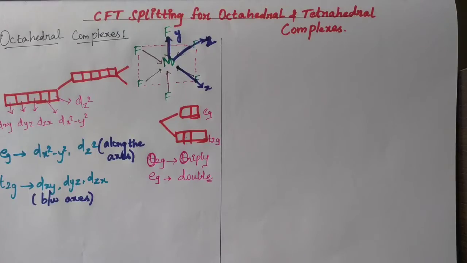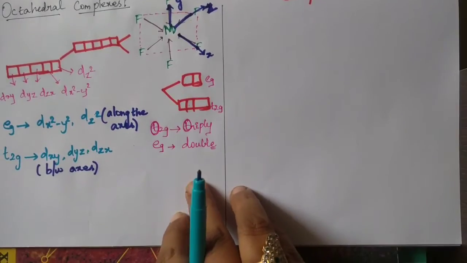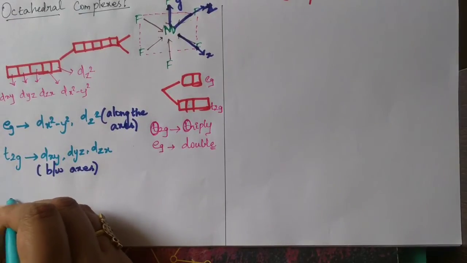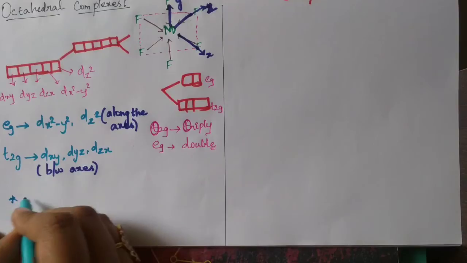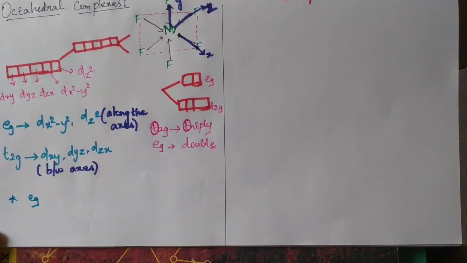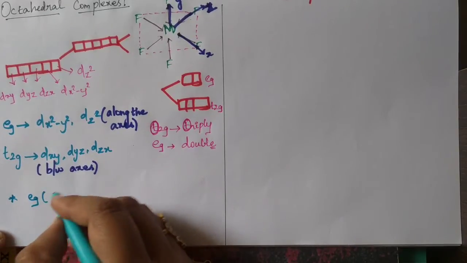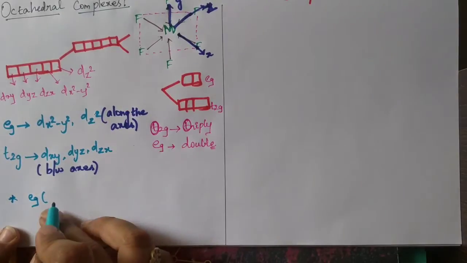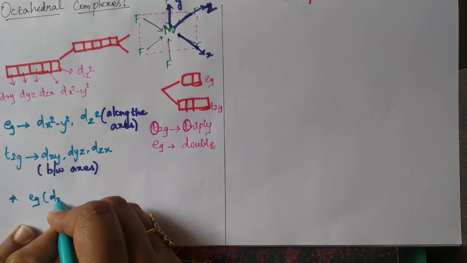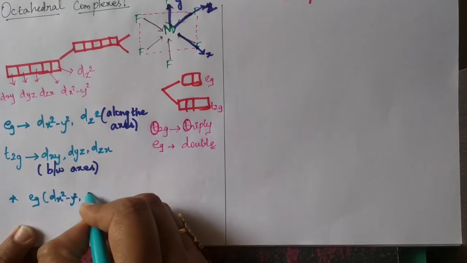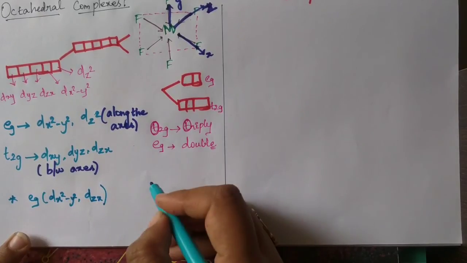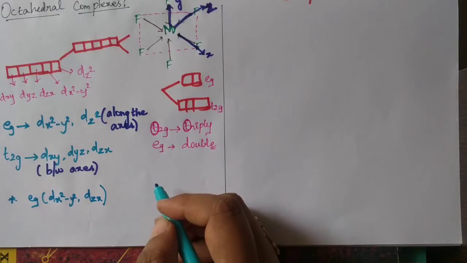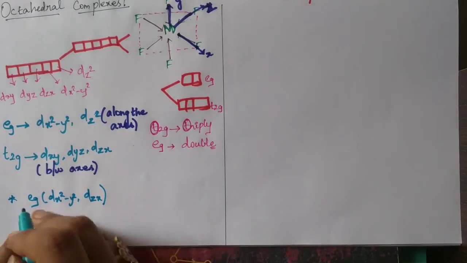So this is the first point. Eg lobes are present along the axis. So these 2 orbitals, dx square minus y square and dz square, are present on the path of ligands.